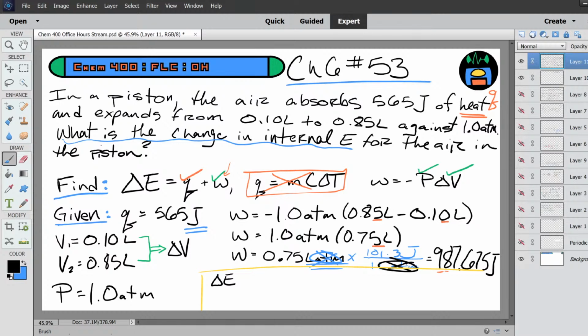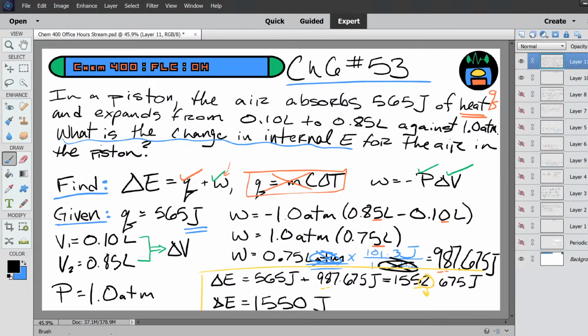So we have 565 joules plus 987.675 joules. You add these together and you get 1,552.675 joules. Sig figs, we've got to round to the tens place, and 2 is going to round down. So the change in internal energy for the air in this piston is 1,550 joules of energy.